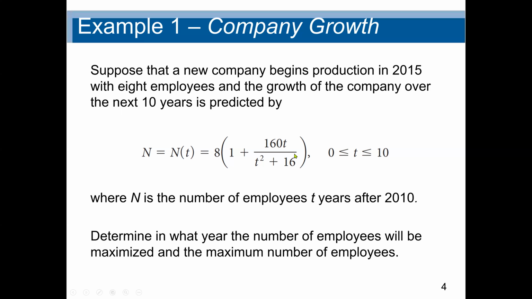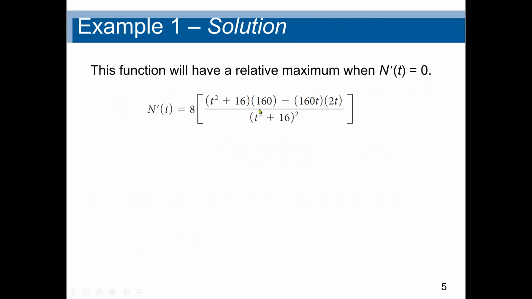So the first thing we have to do is to find the first derivative of the function. We know the derivative of 1 is 0. Here we have a division, so we have to apply the quotient rule, because we have a variable t at the top and variable t at the bottom. When we use the quotient rule, this is what we get.